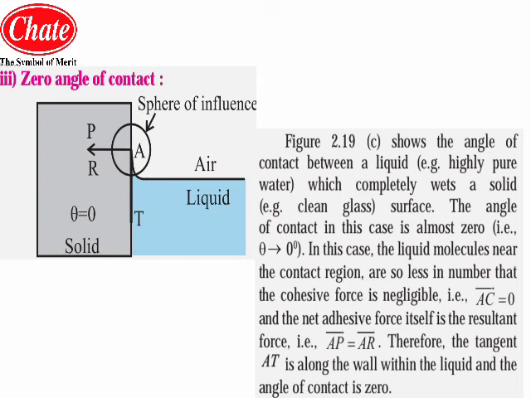In this case, the liquid molecules near the contact region are so few in number that the cohesive force is negligible. So AC bar will be 0 and the net adhesive force itself is the resultant force, that is AP bar will be AR bar. Therefore the tangent AT is along the wall within the liquid and the angle of contact will be 0.